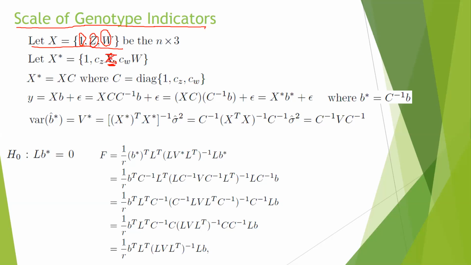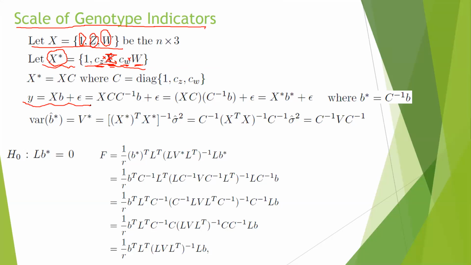We are not interested in the originally defined Z or W, but we are more interested in another variable, which is a linear combination of Z and W. So this is a factor, CZ, a constant multiplied by Z, and CW, a constant multiplied by W. This means we use a different way to design our linear model random variable matrix.